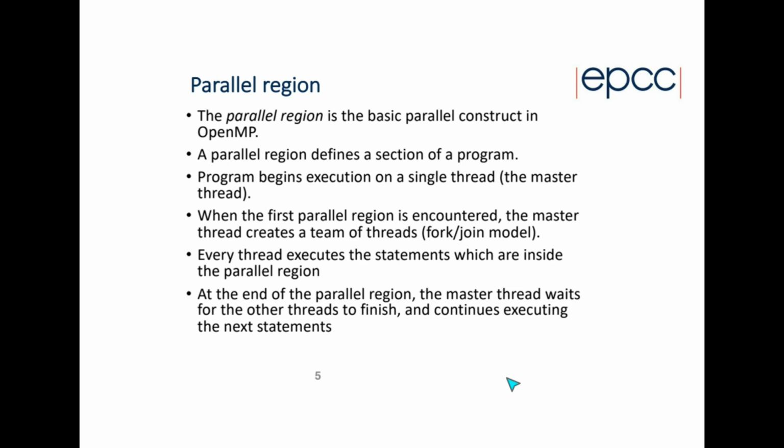At that point, at least logically, the master thread then creates a team of threads. This is what's called a fork-join model of parallelism. If you've heard of that, great. If you haven't, that's just a piece of terminology used for this style of parallelism, where we alternate between sequential and parallel parts.